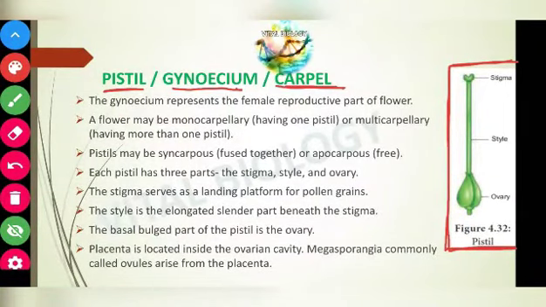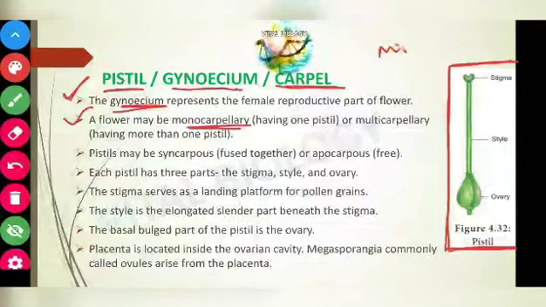Let us go through the first point, that the gynoecium represents the female reproductive part of the flower. As I told you, in this place you can also mention it as pistil or carpel. It's almost similar. The next point says that a flower can be monocarpellary. Mono means one, so monocarpellary means one carpel, one pistil.